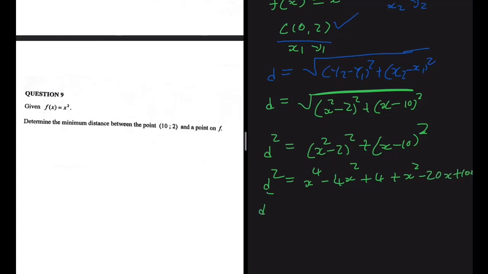So now we have d squared equals x to the 4 minus 3x squared, and then minus 20x plus 104.